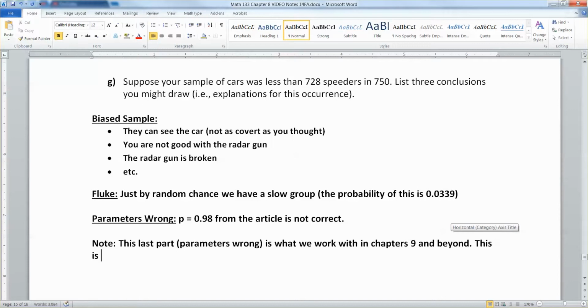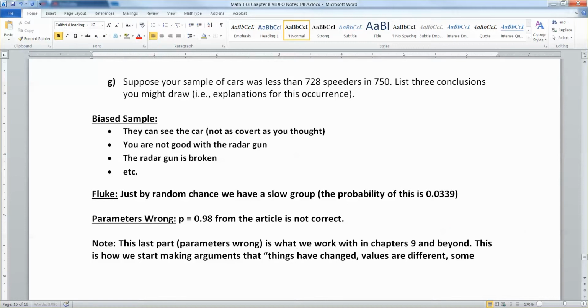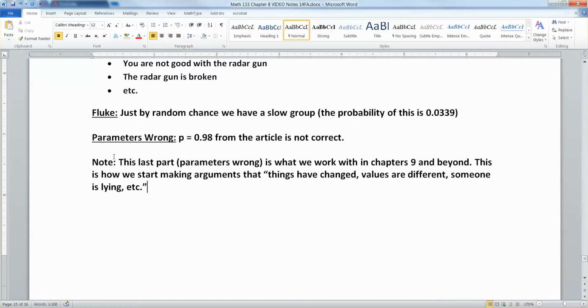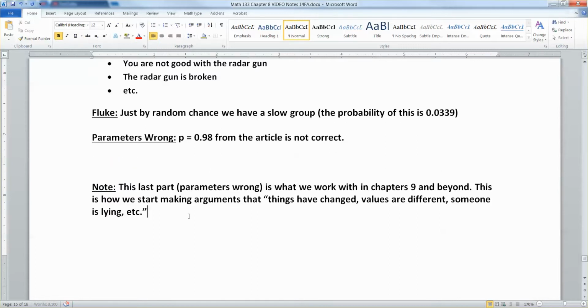This is how you start making arguments that things have changed, values are different, someone is lying, etc. This is how you start doing it, by saying, look, I think the fluke is out, I think the biased sample is out.